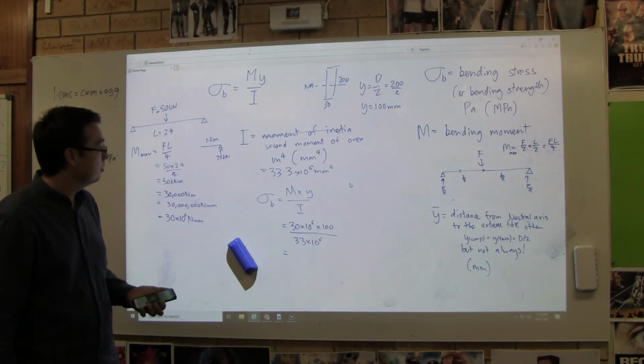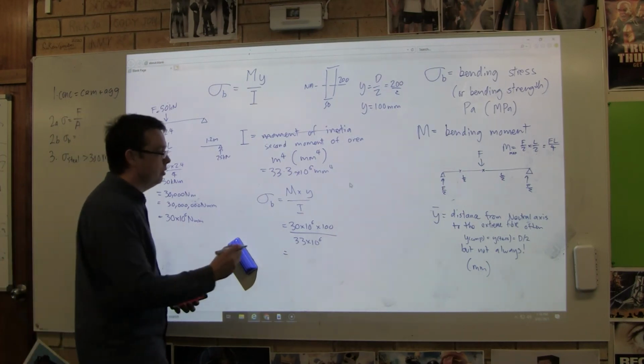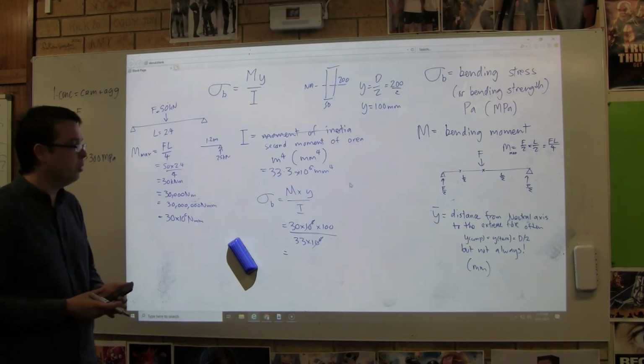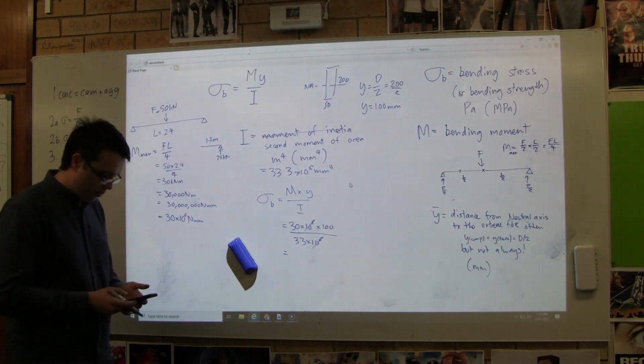Would the 10 to the 6's cancel out? They will. So the 30s are going to be pretty close to the 33s, and it'll just be 100 divided by 10 as well. So the answer is going to be about 100, a little bit less than 100.